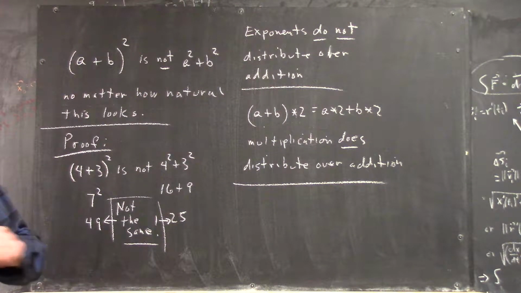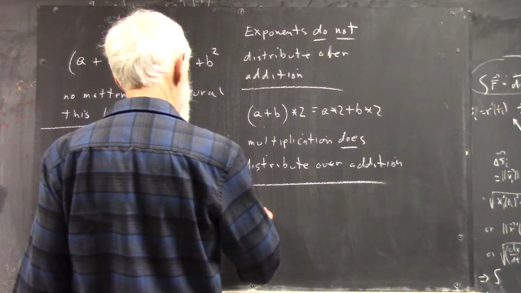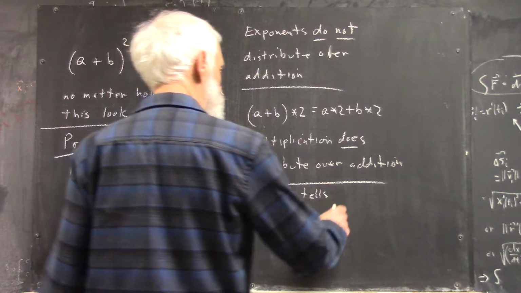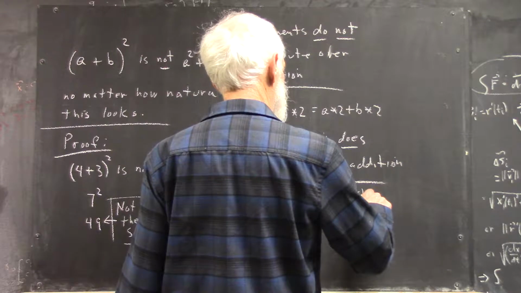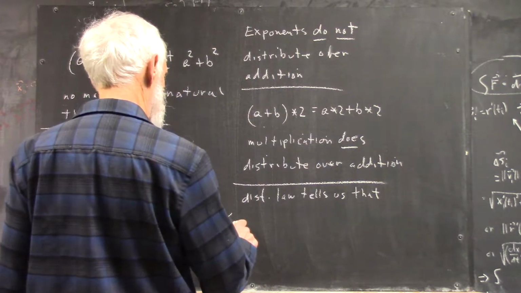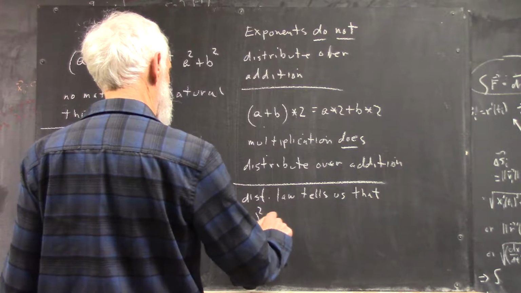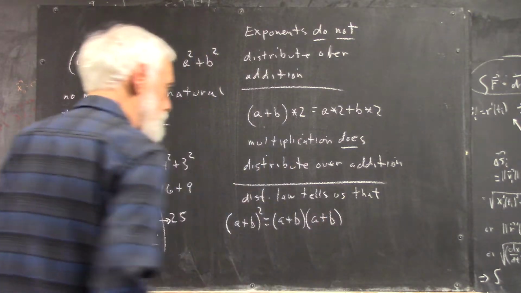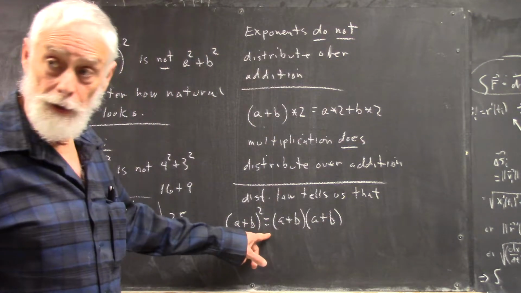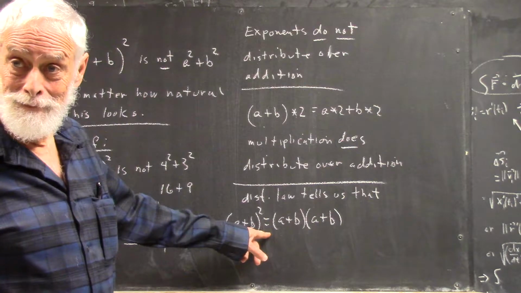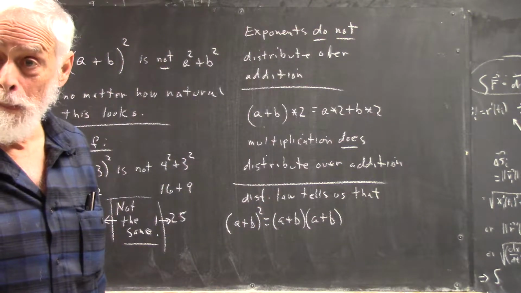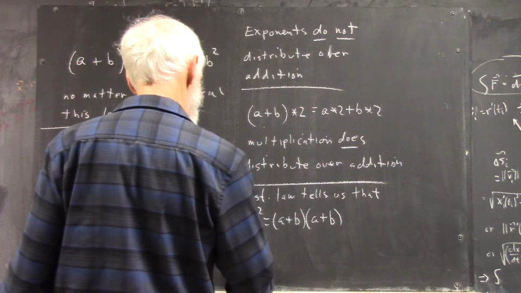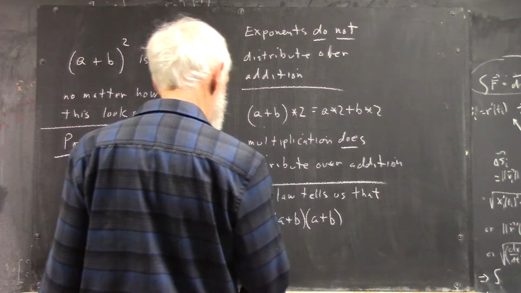Well, the distributive law tells you. Now, it doesn't tell us this. That's just what squaring means, right? But then (a plus b) times (a plus b) is what?